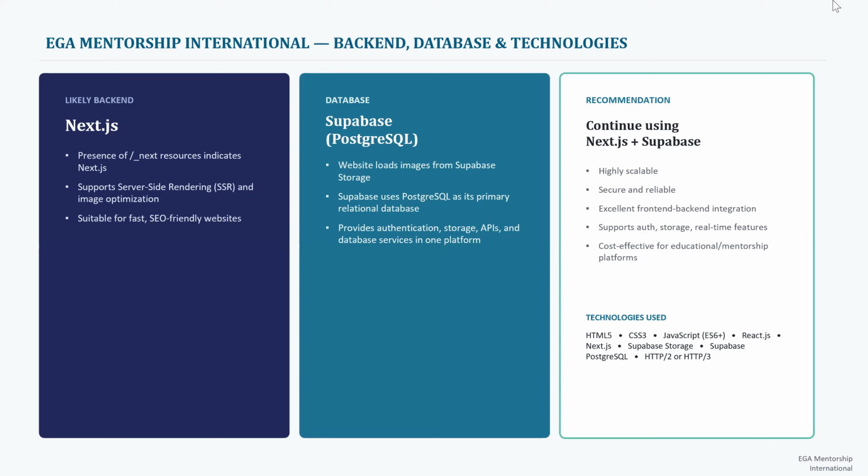Talking about which backend, which database, and which technology. For the backend, I realized it was Next.js. The AI was able to determine it was Next.js because of the presence of the _next resource indicated in the code.